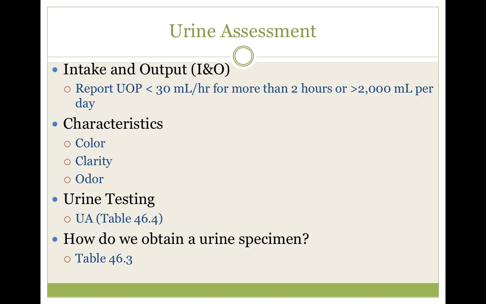You can see the pH, if there's any protein, if there's any glucose, ketones, the specific gravity, white blood cells, red blood cells, bacteria, casts, or crystals. And we're going to be discussing how to obtain a urine specimen. We'll also talk about that in some lab time, hopefully.